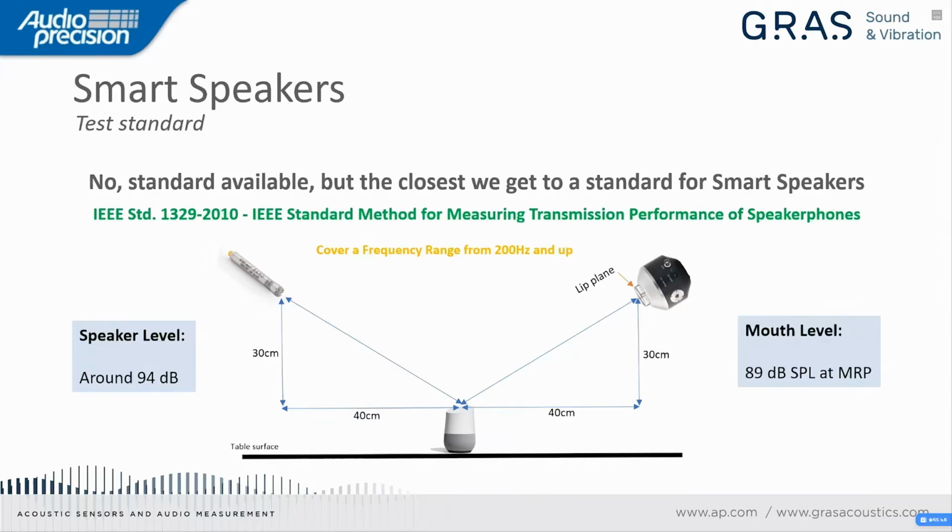The level from our artificial mouth is about 89 dB sound pressure level at the mouth reference point, which is just in front of the artificial mouth itself.